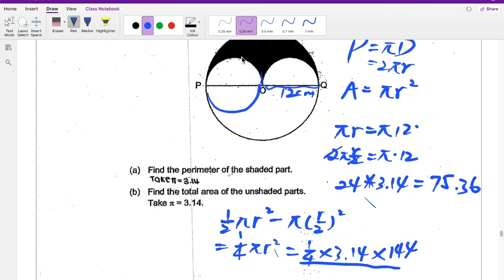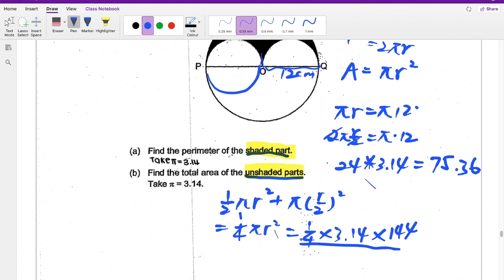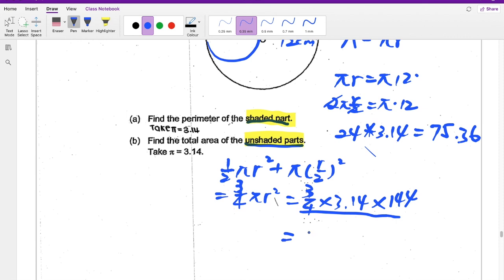This is for the shaded part, but the question asks to find the total area of the unshaded part. So it's very important when we read the question to highlight some key words, okay? So for the unshaded, the minus needs to turn into plus, right? So the answer is 3/4 of pi r square. The answer is 339.12.